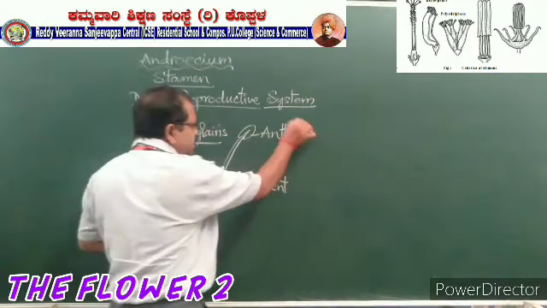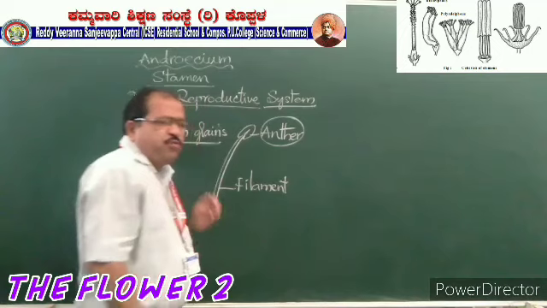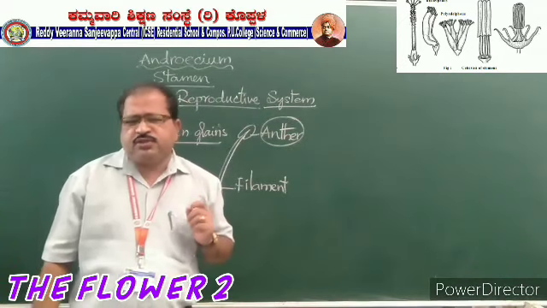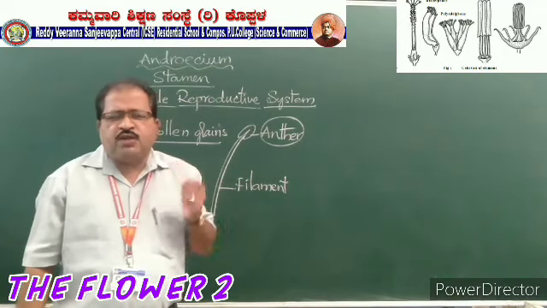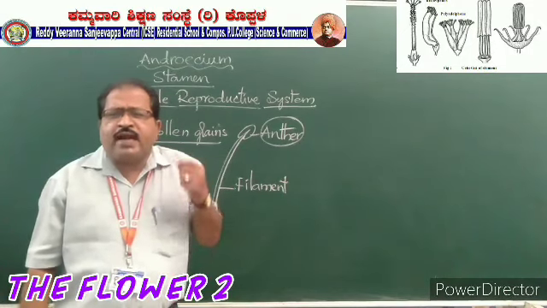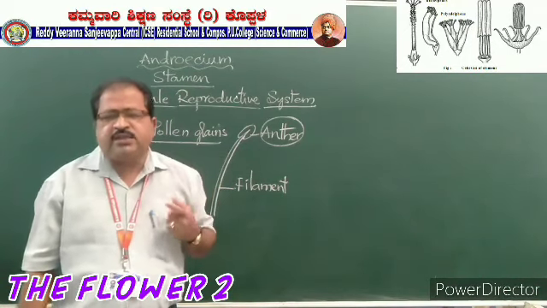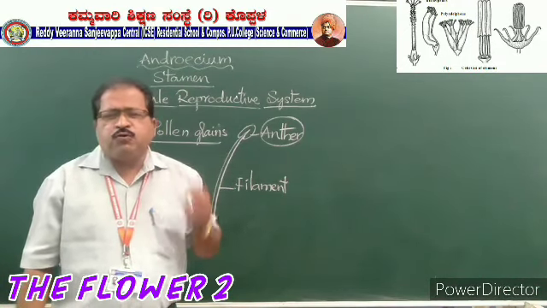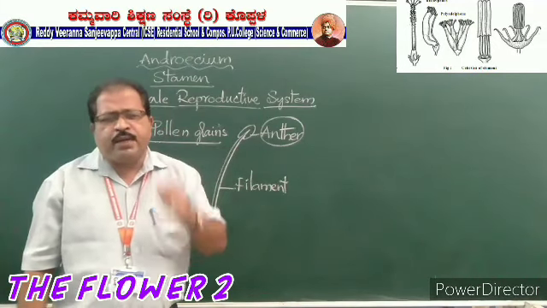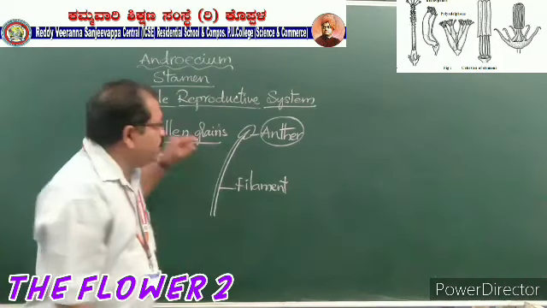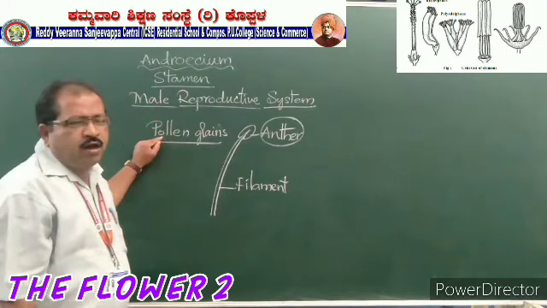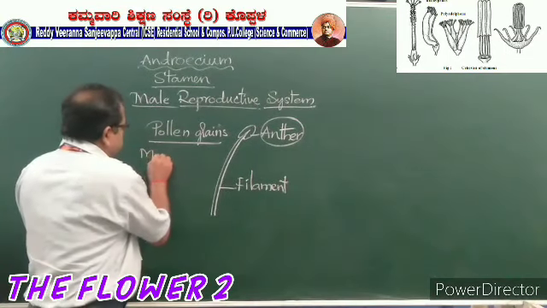This anther is a modified leaf-like structure, which is also called microsporangia. It produces microscopic ball-like structures called pollen grains or microspores.